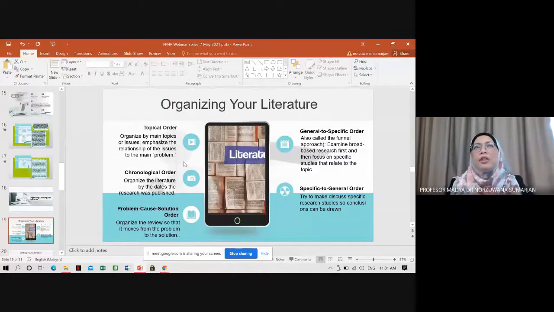At the end of the statement, you need to drive your audience back to the main subject, the main problem, or your study context.